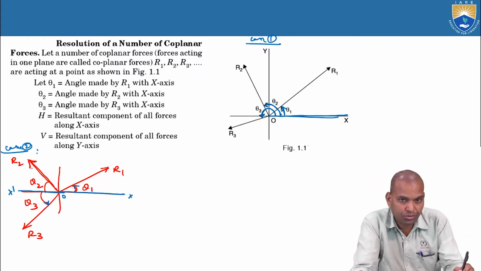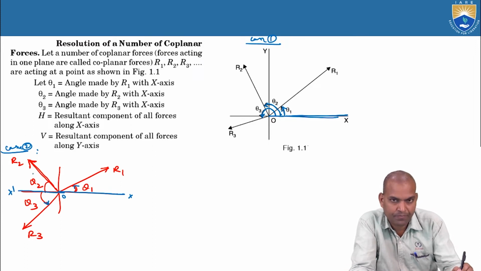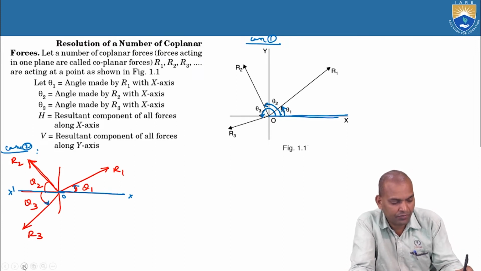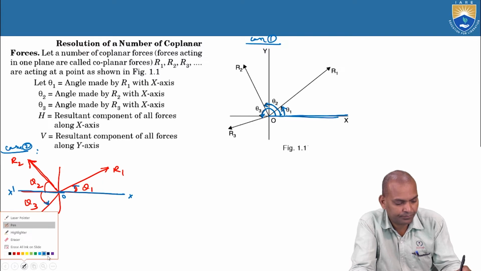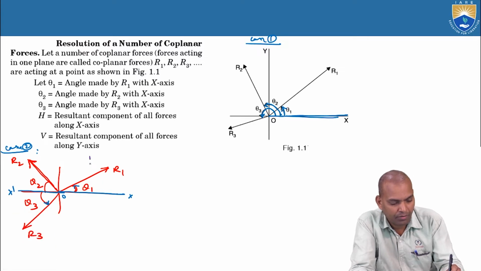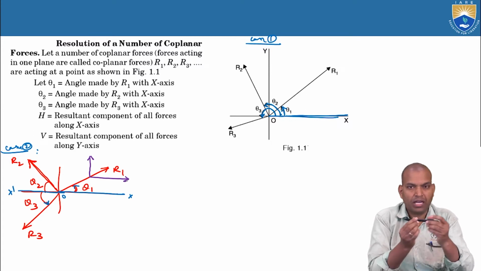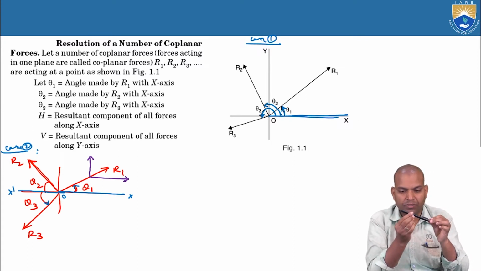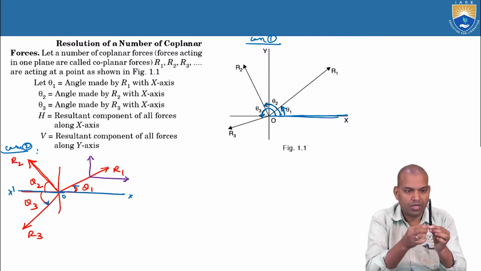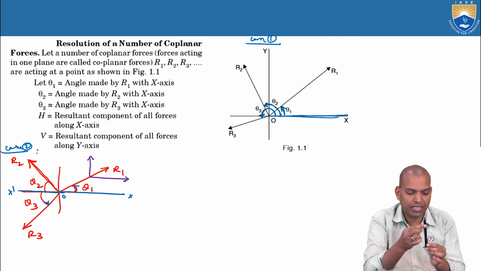For case 2, how to resolve the components? Now let us make the resolution of the components. Draw parallel lines to both axis x and axis y. If R1 is in this direction, draw a vertical line upward. That's why OX dash.